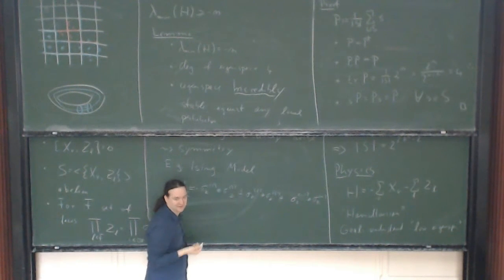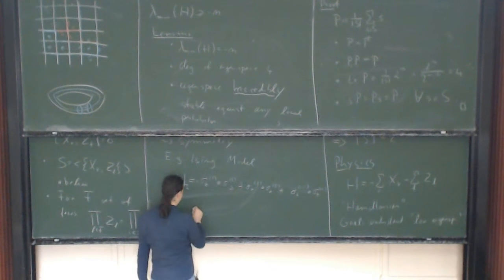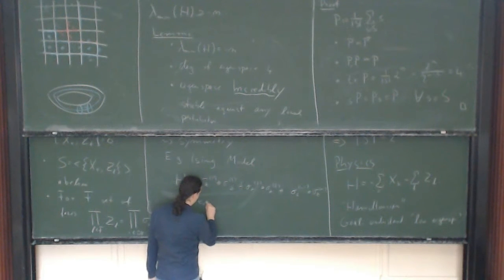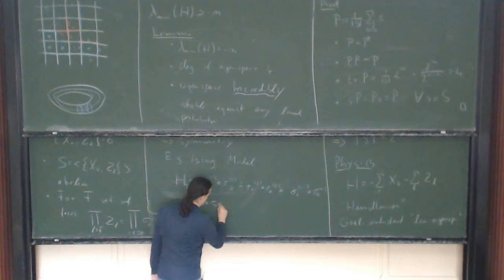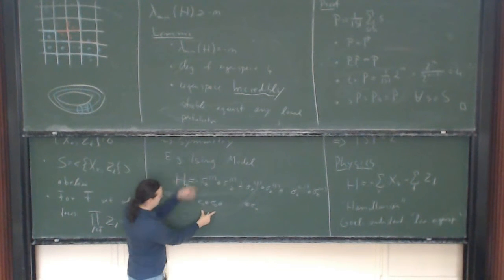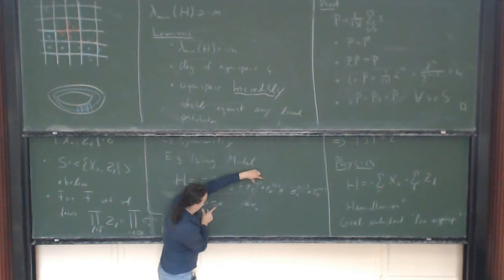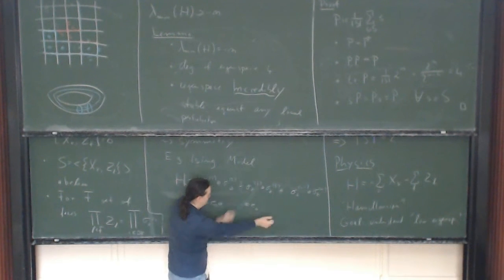Let me just write out the answer. It's easier to say. So a basis for the lowest lying eigenspace is given by E0 tensor E0, and so on. Because this term says the first two have to be the same, and this term means the next two have to be the same, so they all have to be the same.